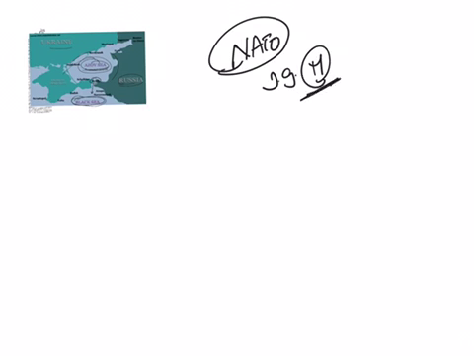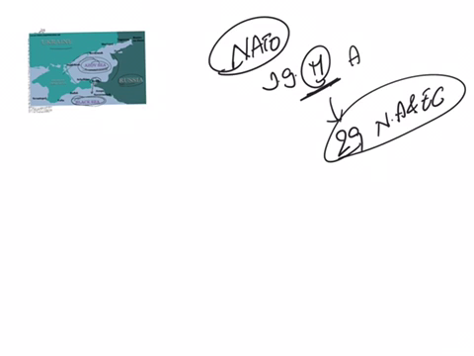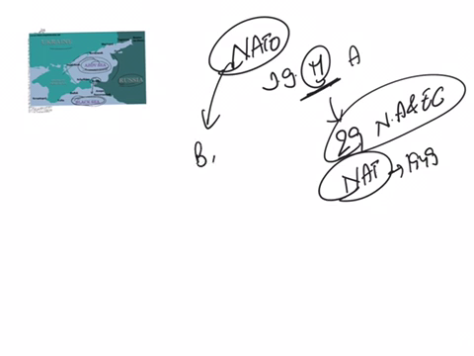It is not an economic or geopolitical alliance, but a military alliance between 29 North American and European countries. And this alliance is based on a treaty known as the North Atlantic Treaty that was signed in 1949. So where is it headquartered? It is headquartered in Brussels, Belgium.